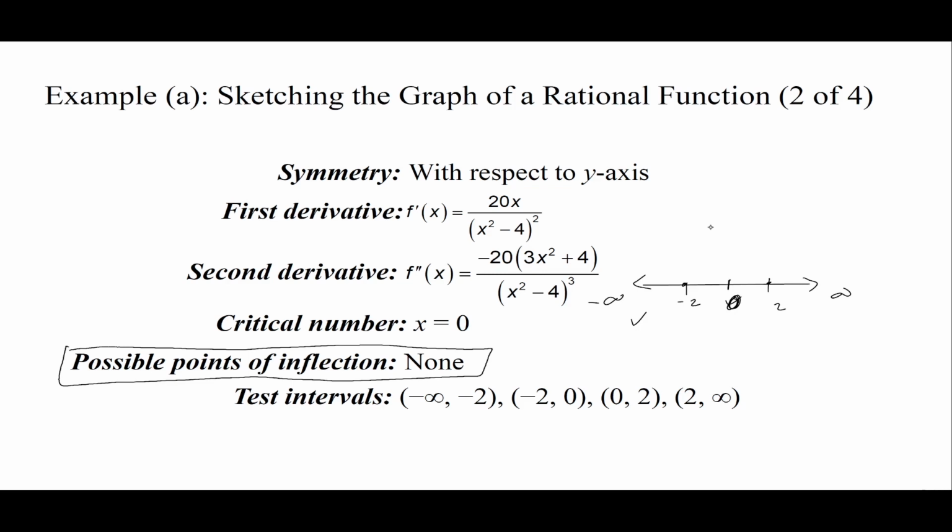So we can just find our testing intervals: from -∞ to -2, -2 to 0, 0 to 2, and 2 to infinity. So these are the intervals we can use for testing purposes, where our function is increasing, where our function is decreasing, where our function is concave up, where our function is concave down. We can use these intervals and we can test that.